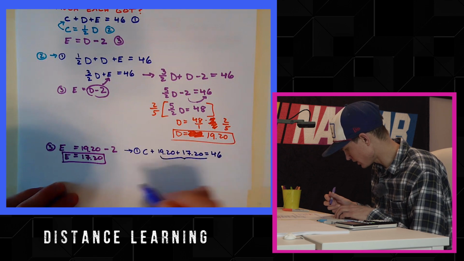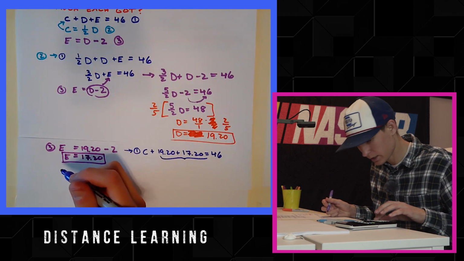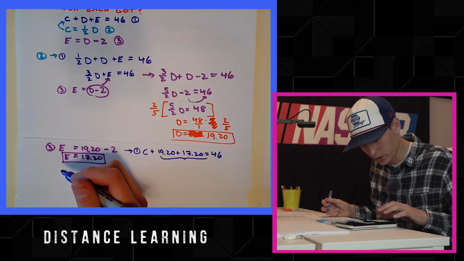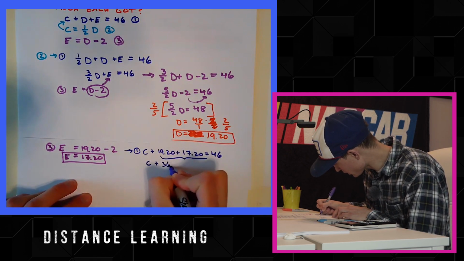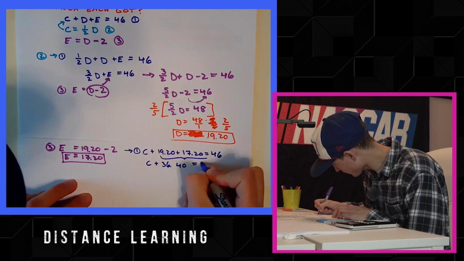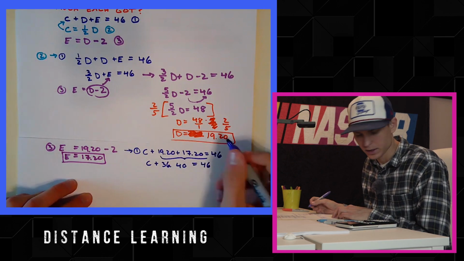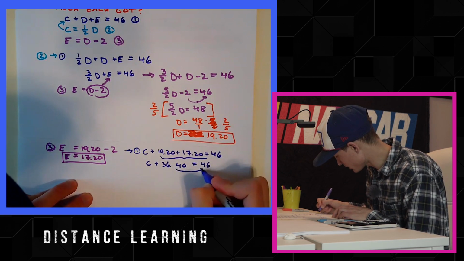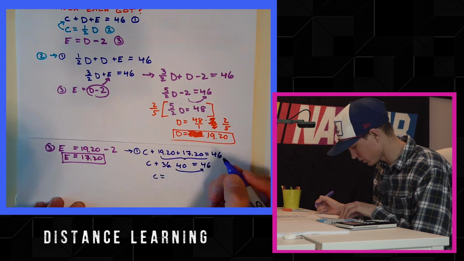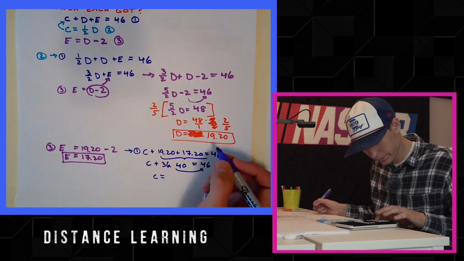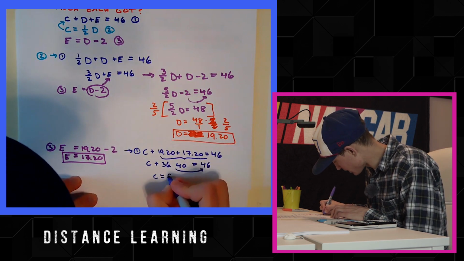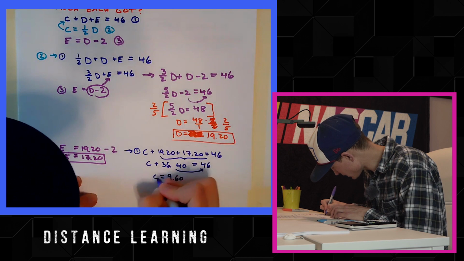These two together, 19.20 plus 17.20, is $36.40. I need to subtract this over, and I will get what Carl has. Carl has $9.60.